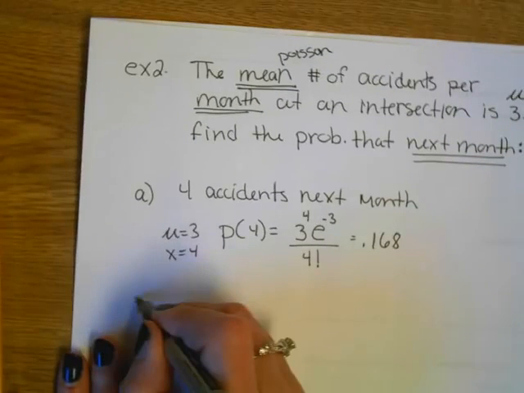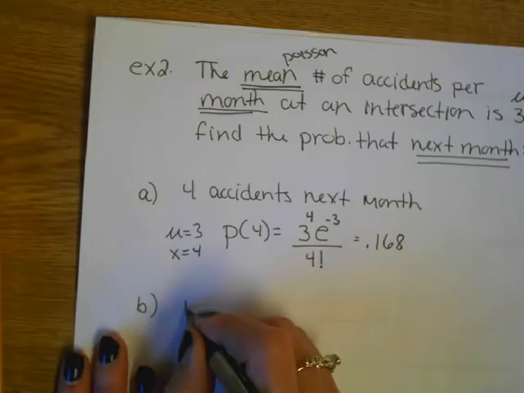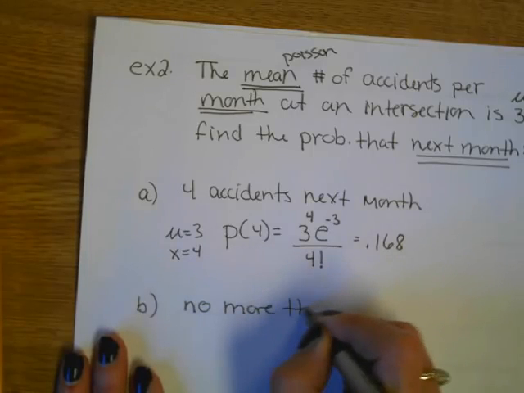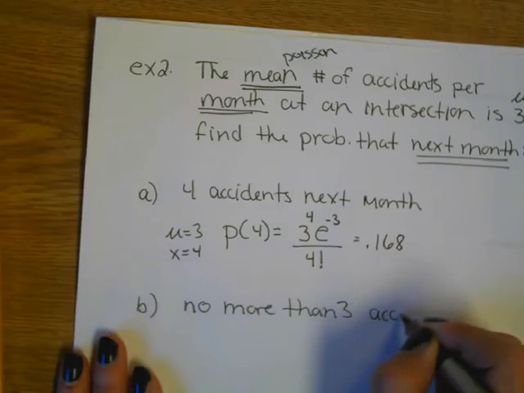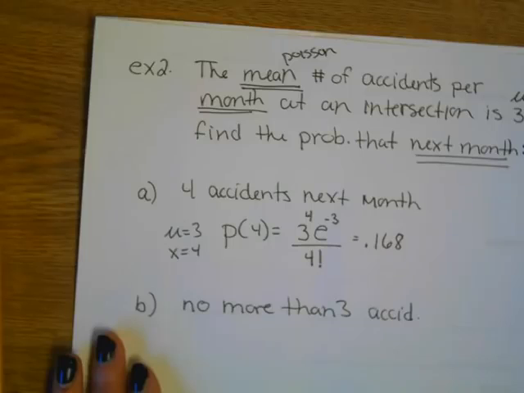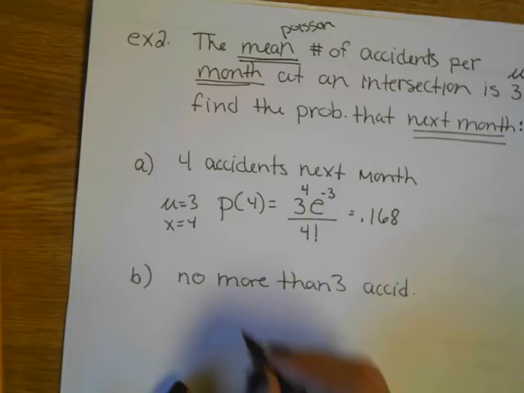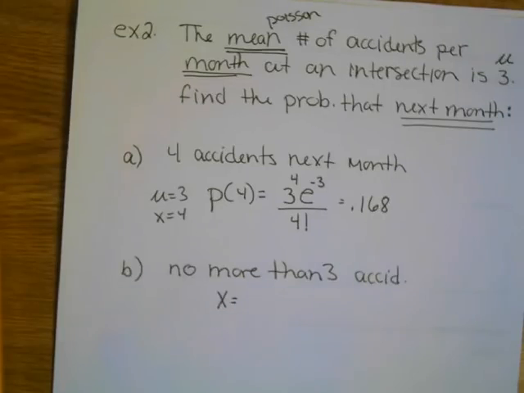Okay, try another one here. Find the probability that next month there are no more than 3 accidents next month. Okay. So what values is X taking on here if I'm saying no more than 3? 1, 2, and 3.